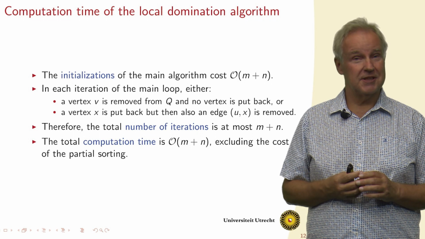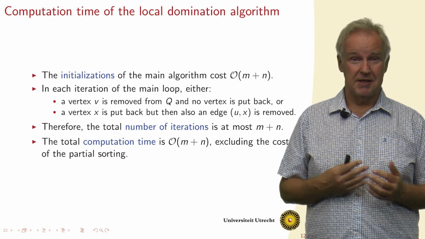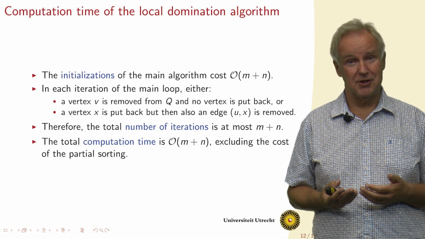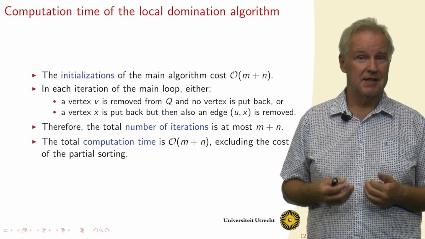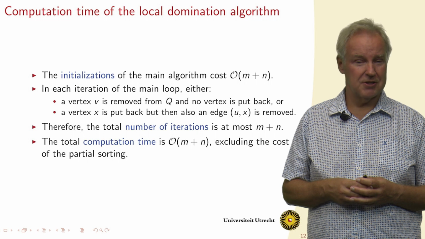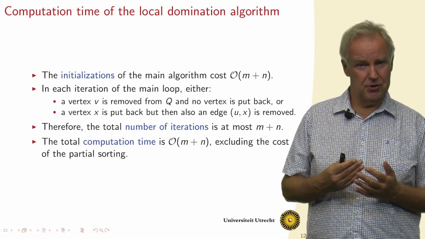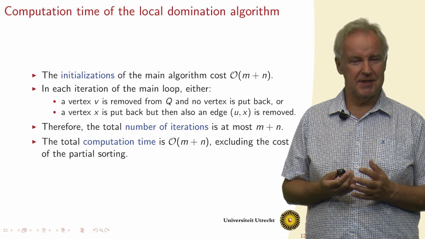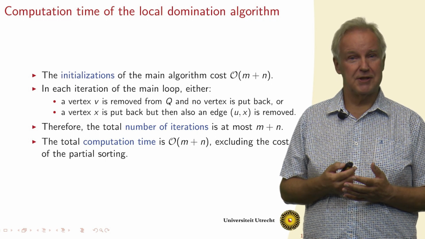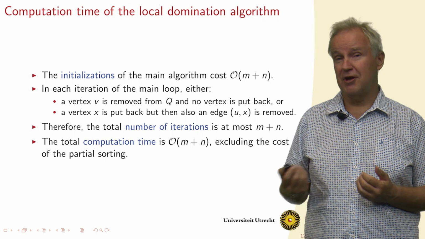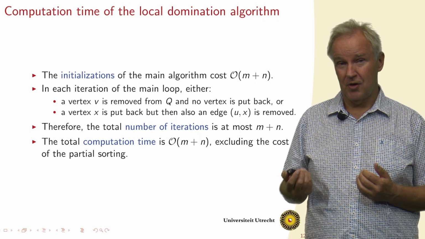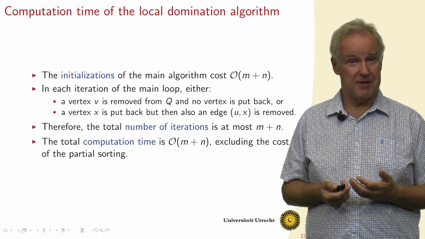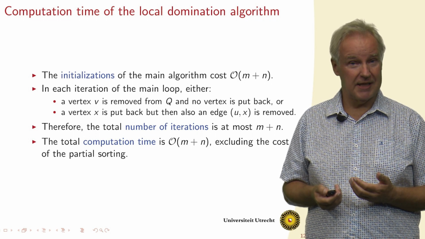The computation time of this algorithm. The initialization, at most, is the number of vertices plus the number of edges, m plus n, as the cost. But during the main loop, it can happen that you remove a vertex v from the queue and put nothing back. Or you put something back, and that is the loser x.